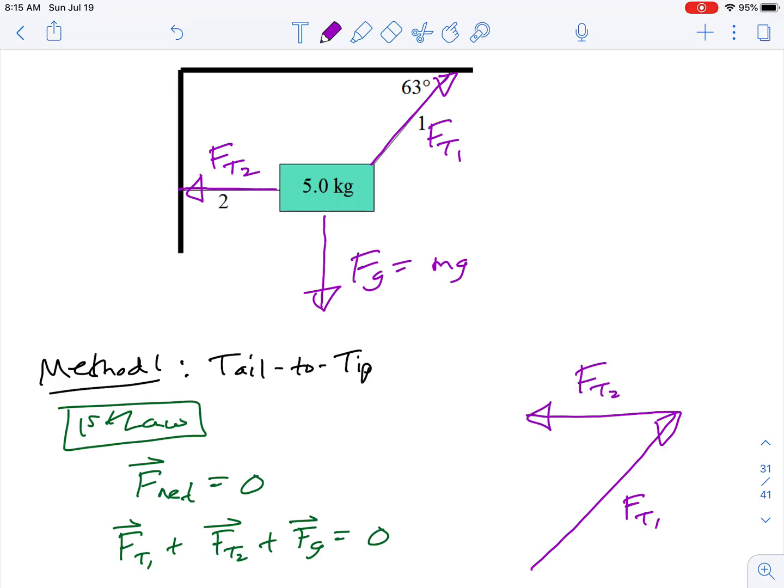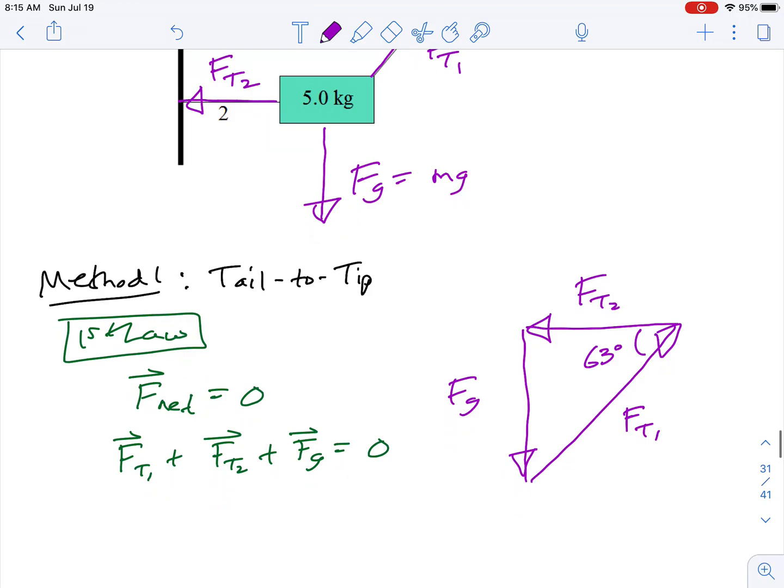And then to the tip of that, we add Fg to get a zero resultant, which means we have to go back to where we started. And there's our Fg equal to mg. The angle is given to us. That angle right here is 63 degrees.